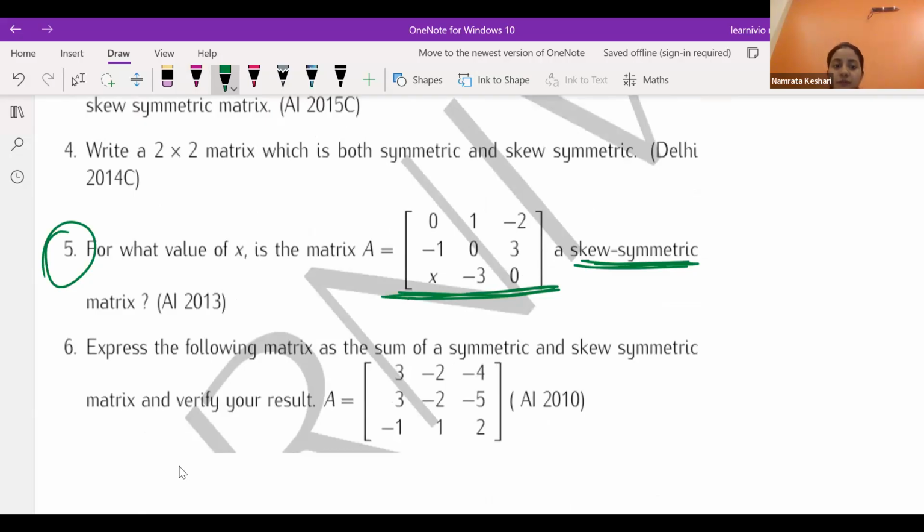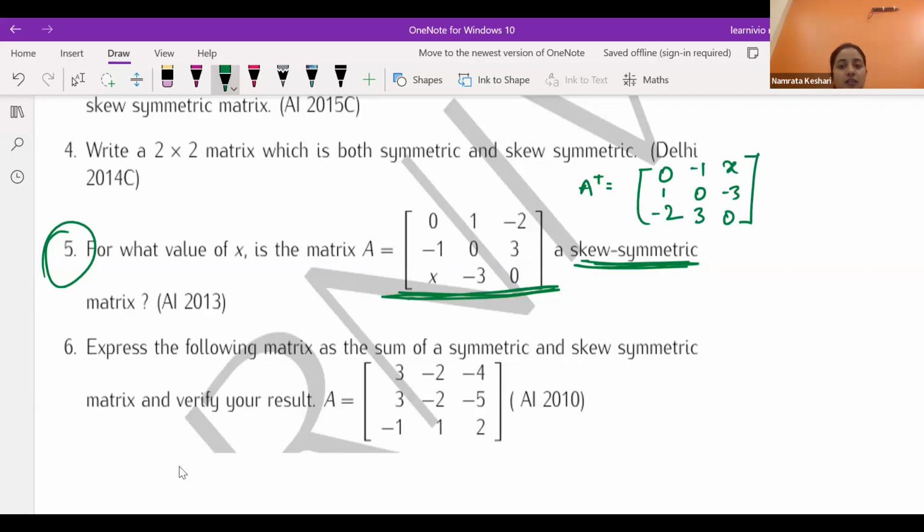So we take the rows and we take the transpose of this first, and then we change the signs as well. Okay, so A transpose will be this: 0, 1, negative 2, negative 1, 0, 3, then x, negative 3, 0. This is A transpose, right? Yes.